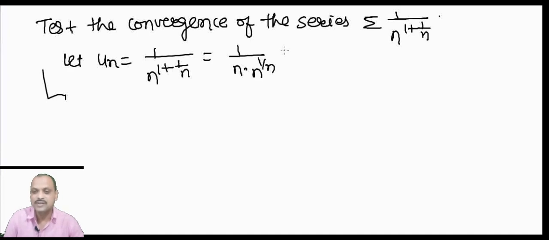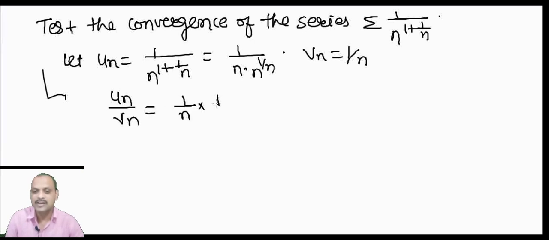Now we take Vn equal to 1 by n. Then we can see that Un divided by Vn is equal to 1 by n into 1 divided by n raised to 1 by n, into n. So this n gets cancelled and we get 1 divided by n raised to 1 by n.